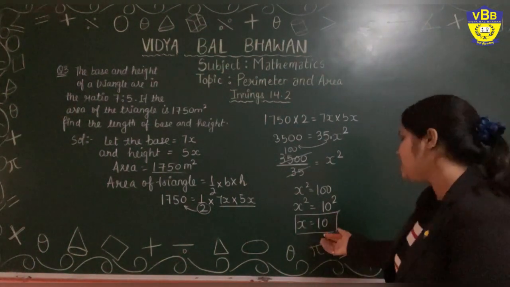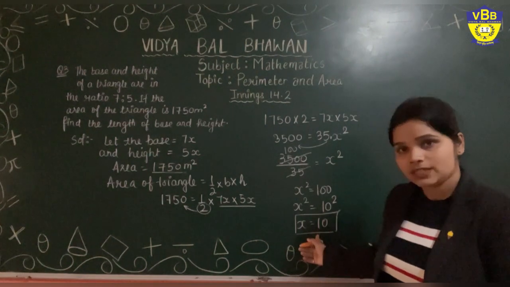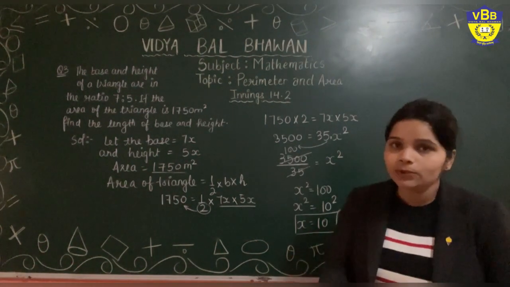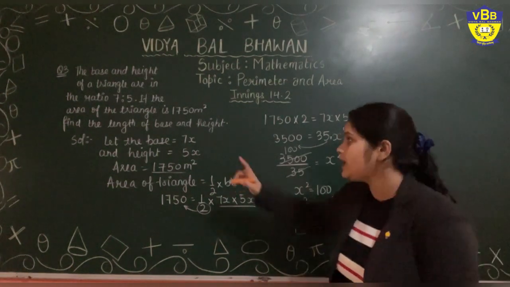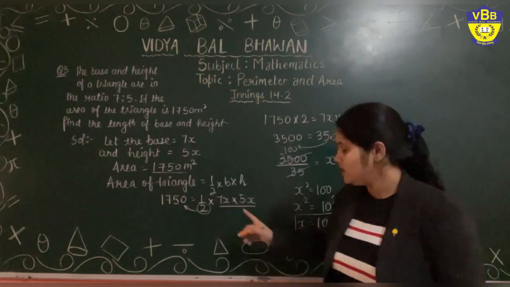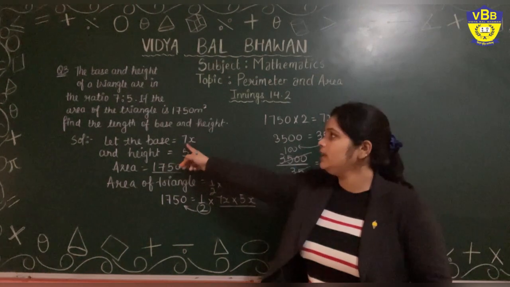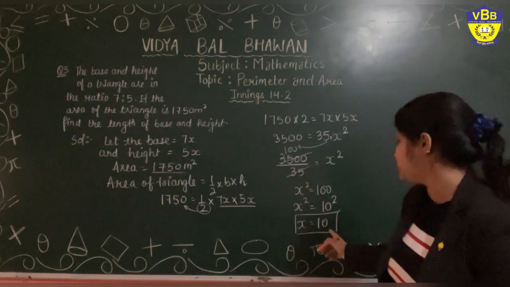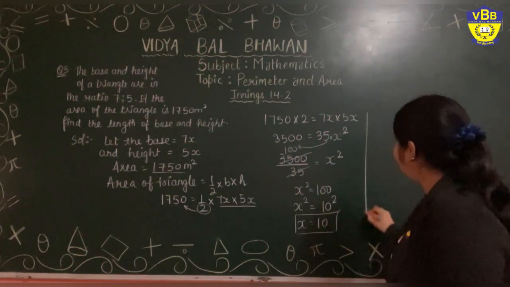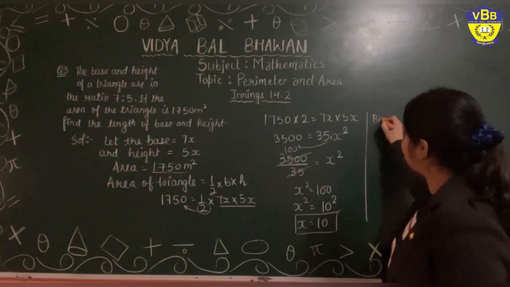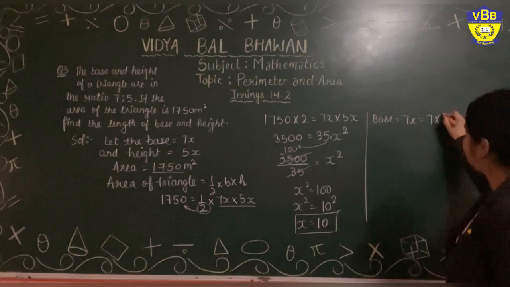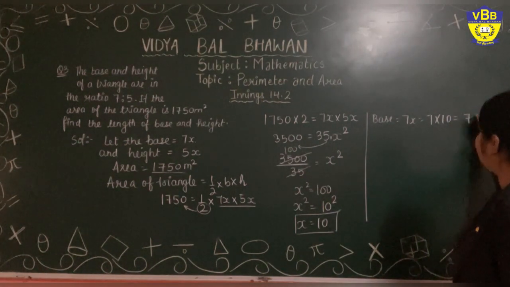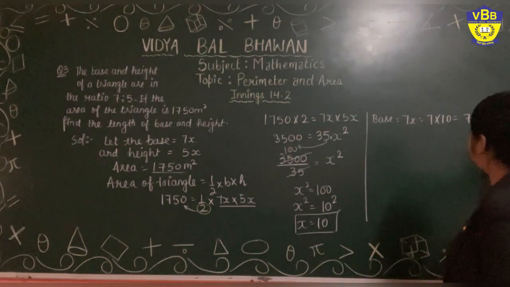Now we have calculated the value of x, but it was not asking about x, it was asking to find the length of the base and height. What is the base? That is 7x. 7 is the constant number and now we know the value of x, that is 10. So the length of base will be 7x, that means 7 multiplied by 10, 70 meter.